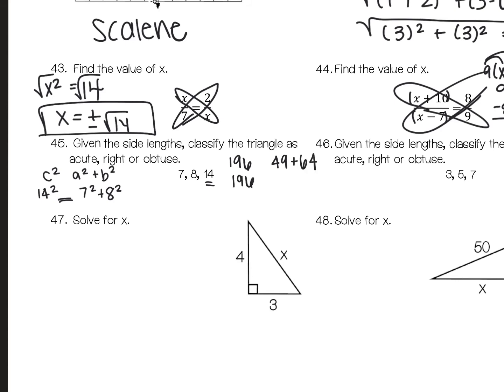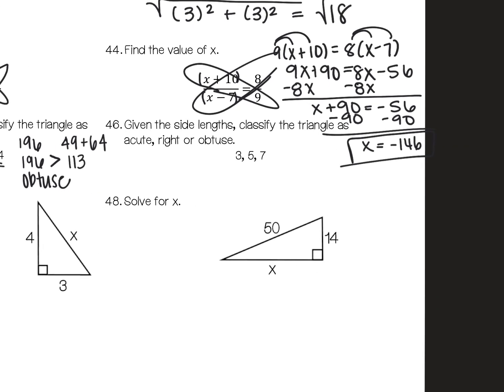When we add them together, we are going to get 113, and then we're just comparing, so you're asking yourself, is 196 greater than, less than, or equal to 113, and it's greater than, which makes this obtuse.